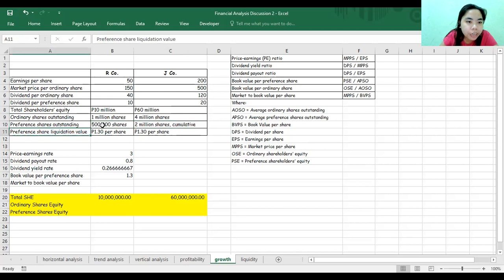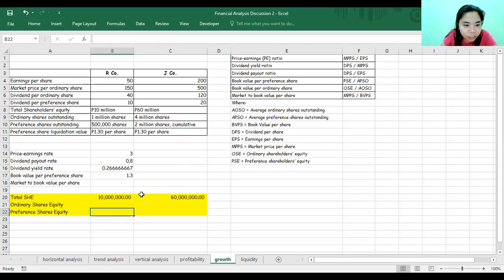R company has 500,000 preference shares, J company has 2 million preference shares. And each has a liquidation value of 1.3 per preference share, which for me is the same as par value.